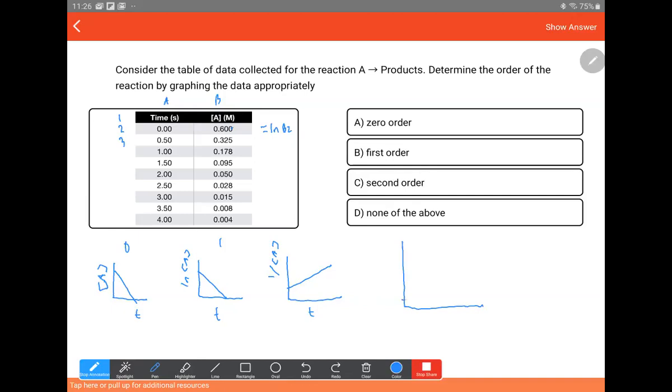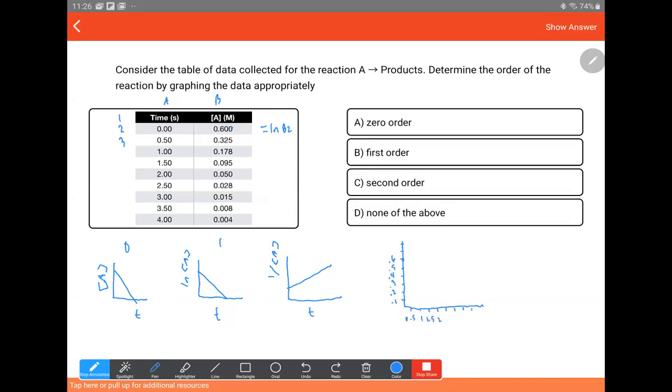So we have every half second, so half second on the bottom. It'd be hard to see, but we should be able to see pretty quickly.